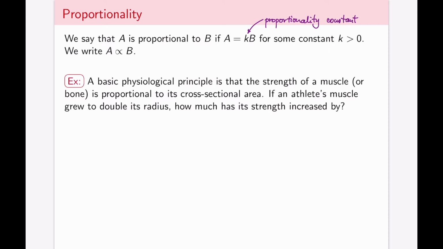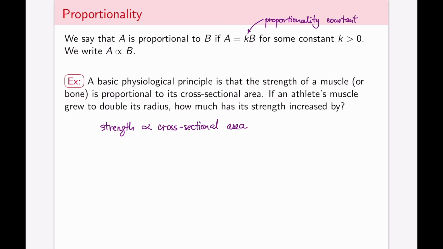So let's first of all take a look at the example and distill the information down to what we have. First of all, it says that the strength is proportional to the cross-sectional area. So let's write that down. I have that strength is proportional to cross-sectional area.